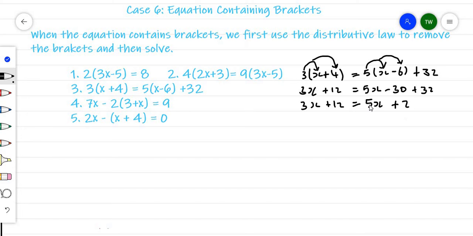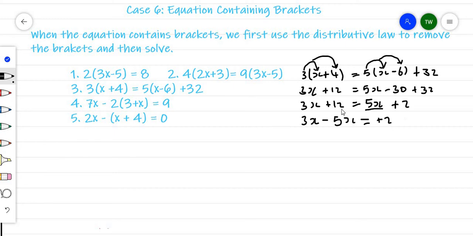So what I'm going to do, I'm going to keep the terms with x on the left hand side. So I'm going to keep my 3x. Now here, I have 5x on this side. So if I move 5x across the equal sign, which is a positive 5x, to this side, it's going to become negative 5x. So it's going to become minus 5x. Put back my equal sign and put back my positive 2.